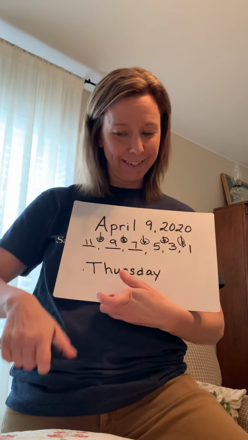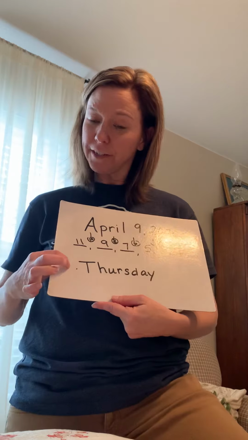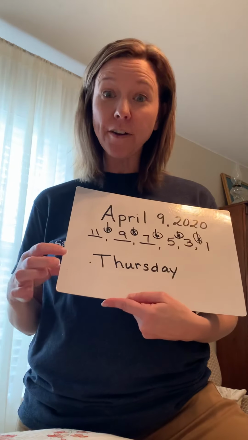Okay, let's go over the day of the week. What is today? Thursday. Right, today is Thursday, April 9th, 2020. All right, so if today is Thursday, what was yesterday? Wednesday. Yes, if today is Thursday, what's tomorrow? Friday. Right, let's sing our days of the week.